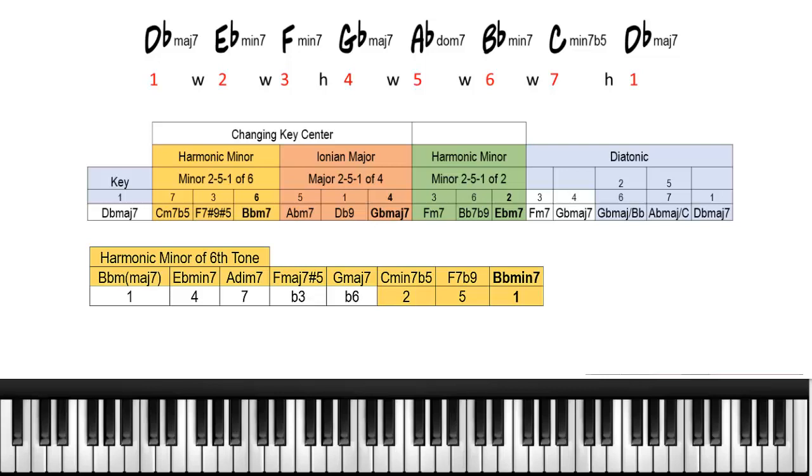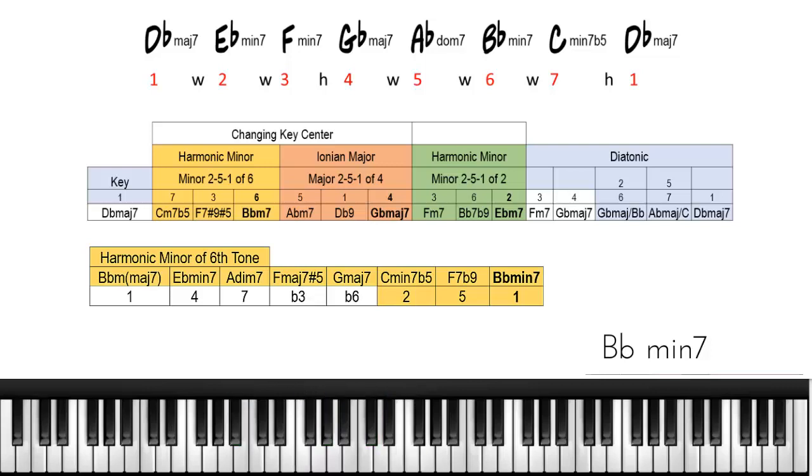For the 6th tone, it would now become the 1, in the sense that the chord progression is moving towards a 1 rather than moving towards a 6. So the corresponding 2, 5, 1 would be based on B flat minor. So we'd play a 2-5-1 in the key of B flat minor, which would end up being a C minor 7 flat 5 to an F7 flat 9, or some dominant 7th chord, to a B flat minor.